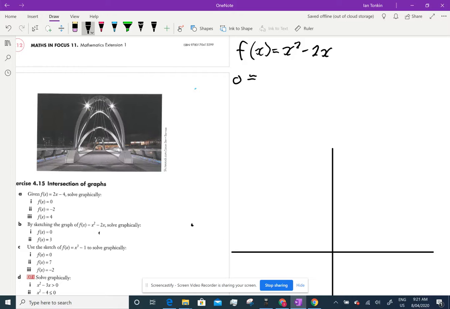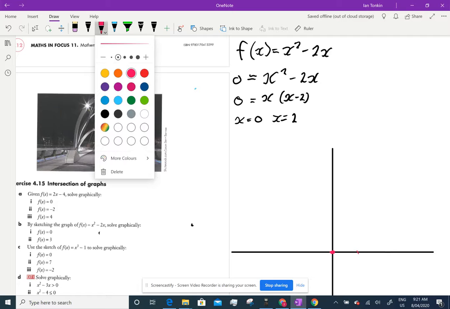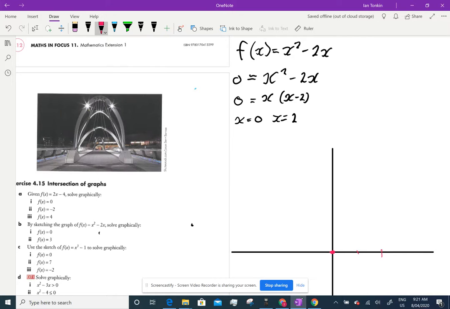I can find the vertex, but watch, I'm going to find the roots and it's going to be really quick. x squared minus 2x, therefore 0 equals x times (x minus 2), which means the roots are at x equals 0 and x equals 2. So my roots are here, 1, 2. As I said, it's going to be hard, so 2. So I've got a root there and a root there.